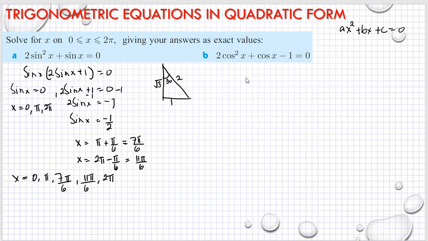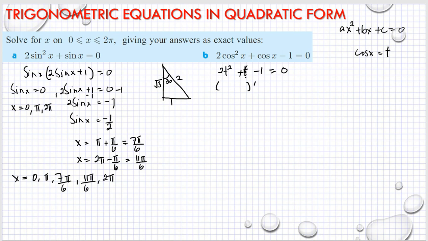How about this one? We have 2 cosine squared x plus cosine x minus 1. If we let cosine x equal to t, then we have 2t squared plus t minus 1 is equal to 0.